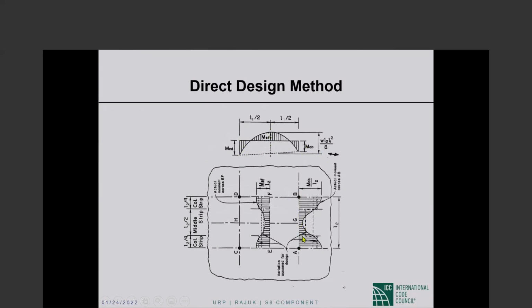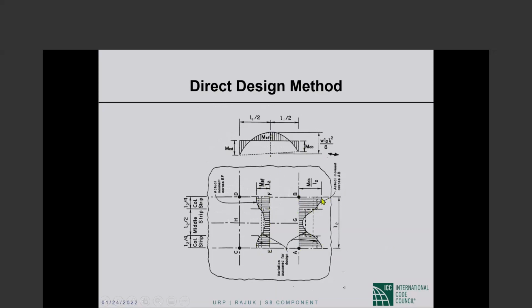And across the width of the panel, this support moment does not vary uniformly. The variation is more like shown in the picture. Similarly, this positive moment is for the entire panel width. But across the panel width, the positive moment is not uniform. It varies as shown in the picture.